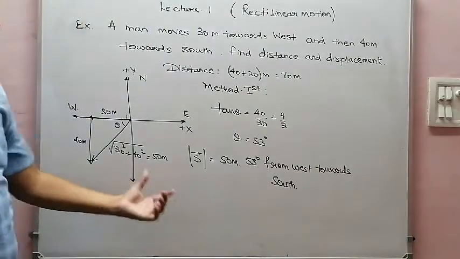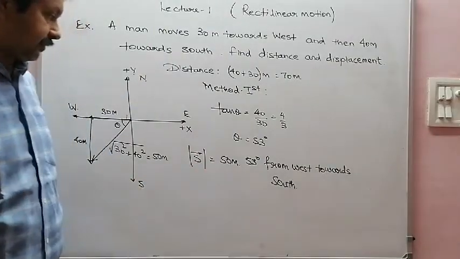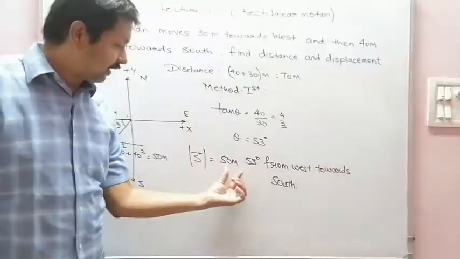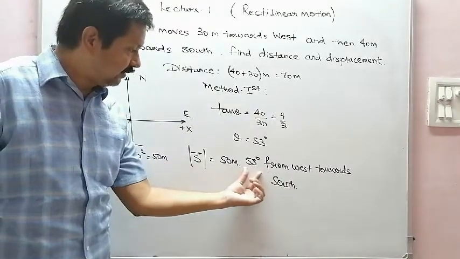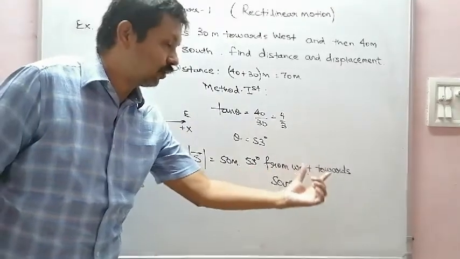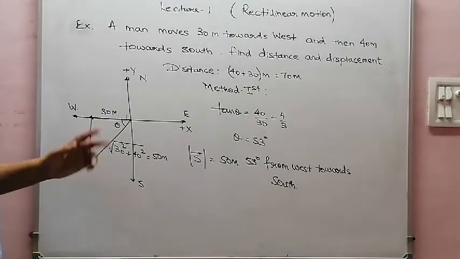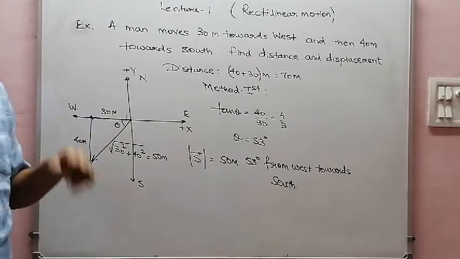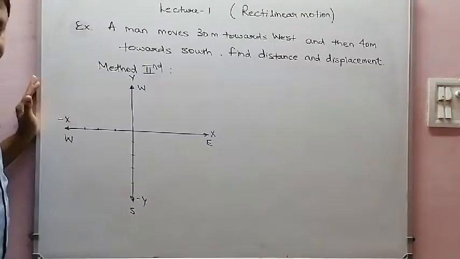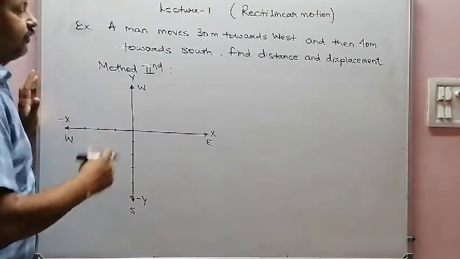So displacement becomes 50 meter as the magnitude and direction is 53 degree from west towards south. Now let's discuss method second for this question.